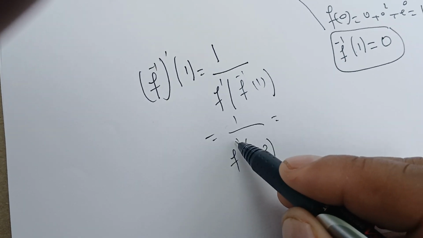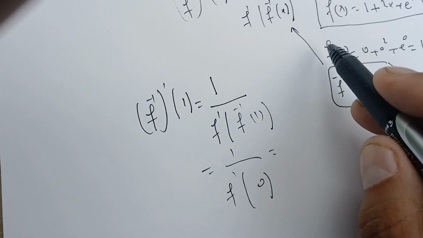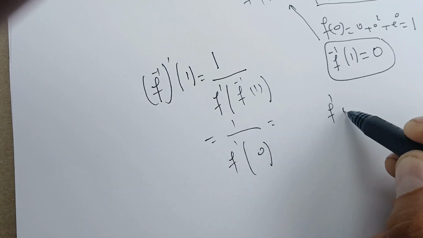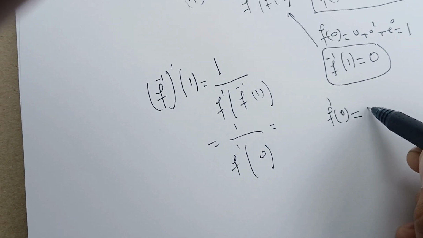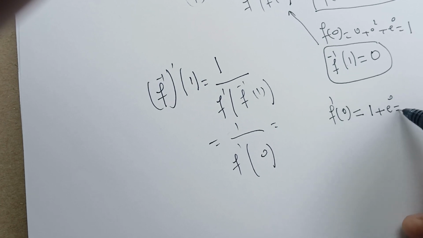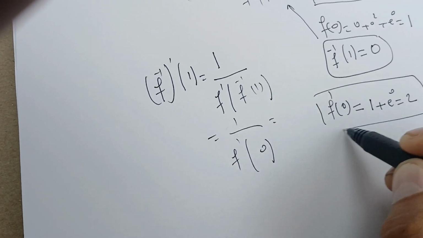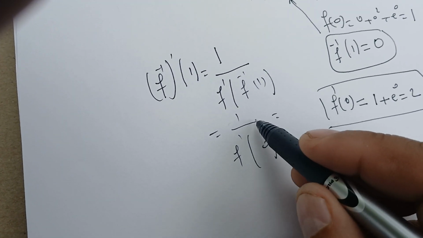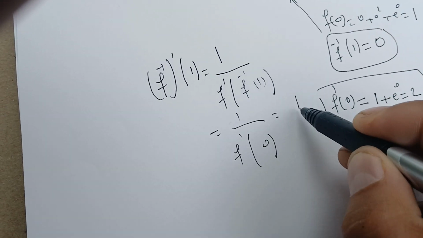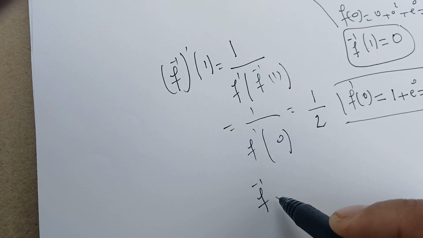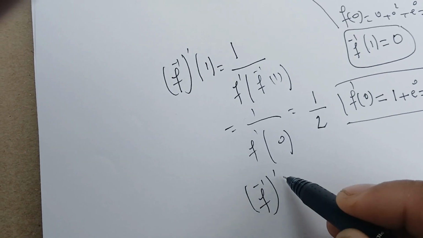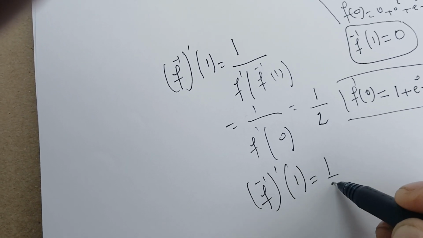And the derivative is known here. So f prime of 0 is 1 plus e to the 0, which is 2. So that means the derivative is 1 over 2. This proves that f inverse differentiated at 1 is 1/2.